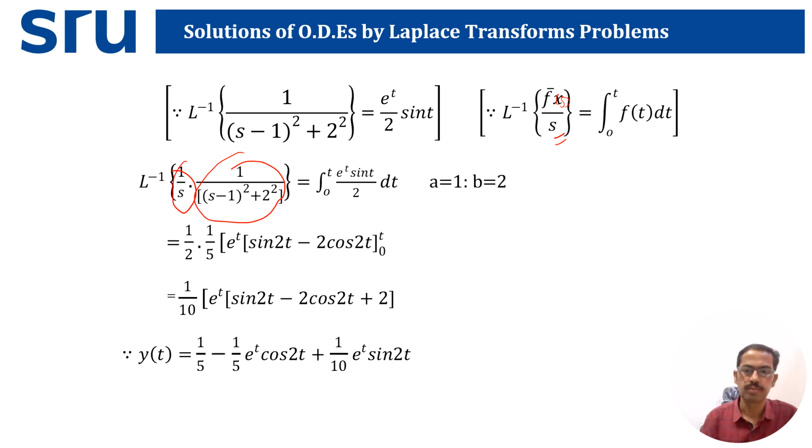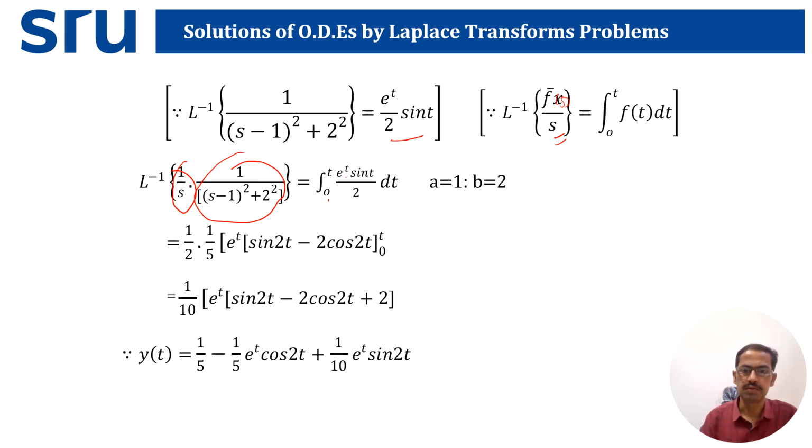So from this we calculate f of t: f bar of this is this, so f of t is e to the power of t sin 2t by 2. So integrate from 0 to t of e to the power of t sin 2t by 2 dt.